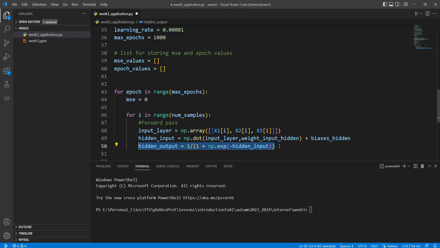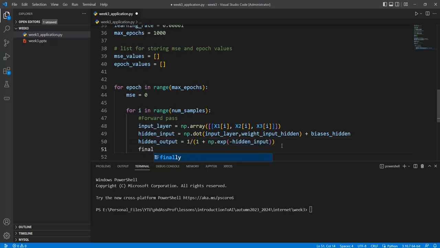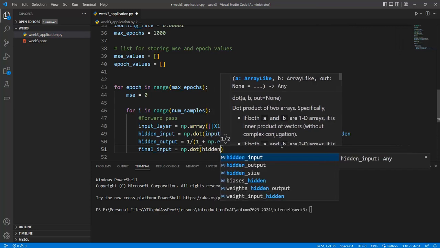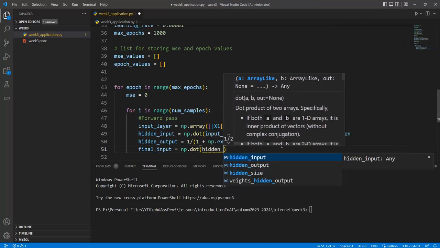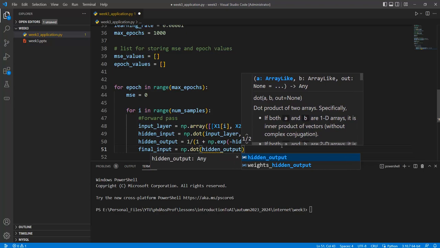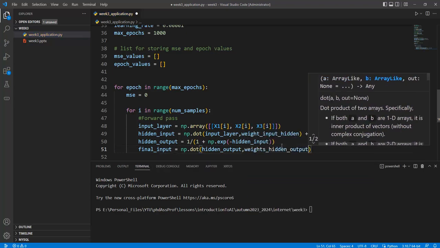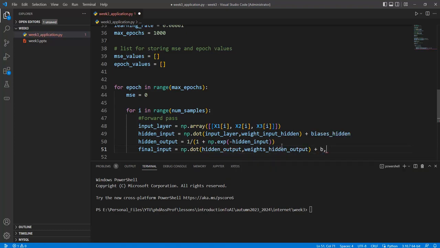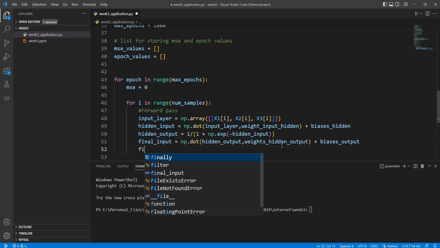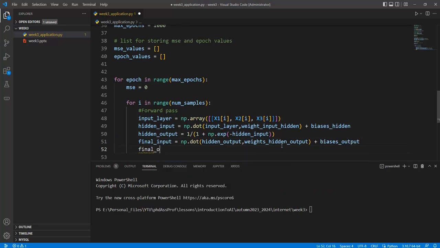So in the final output, we should give the final input with the np.dot operator on the hidden output. And we need to multiply with the weights hidden to output and biases output.